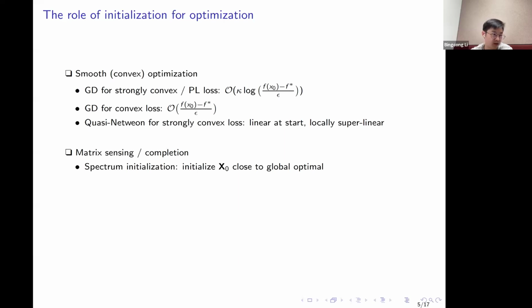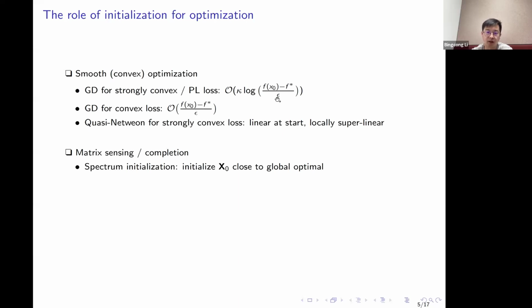But before we dive into our theoretical results, let's briefly recap the role of initialization in the general optimization literature, right? If we go back to smooth convex optimization, the role of initialization hides inside f of x0 minus f star. This f star means the optimal value, and f of x0 is the initial objective value.